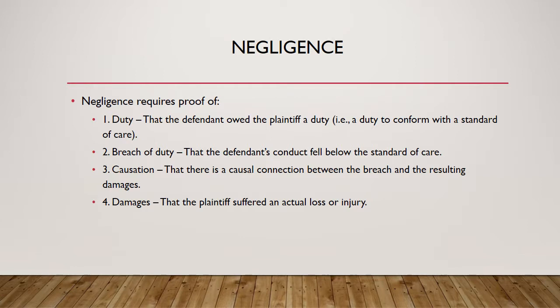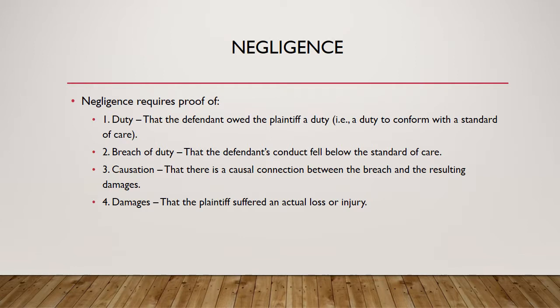So a plaintiff must prove 4 elements in order to recover on a negligence basis. These 4 elements are 1, duty, 2, breach of that duty, 3, causation, and 4, damages. We'll examine all these in more depth in a moment, but just briefly, a duty is that the defendant must owe the plaintiff a duty.